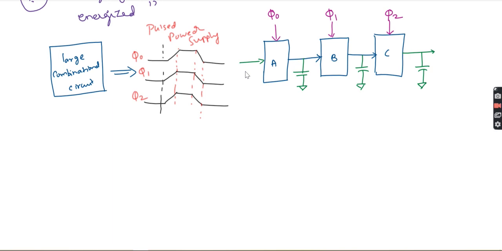Now we are going to apply. When you apply, think about all phi 0, phi 1, phi 2 being the same. First the circuit A will perform, and next this circuit will perform. Now think about if I give phi 0, phi 1, phi 2 at the same time, everything varying from 0 to VDD.